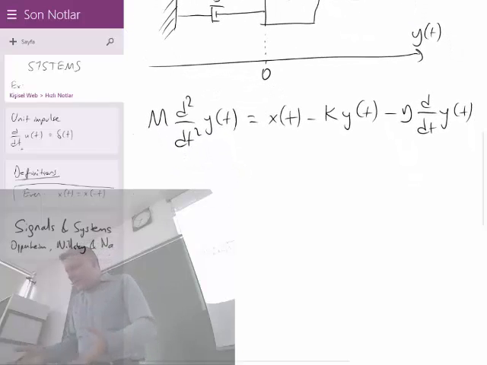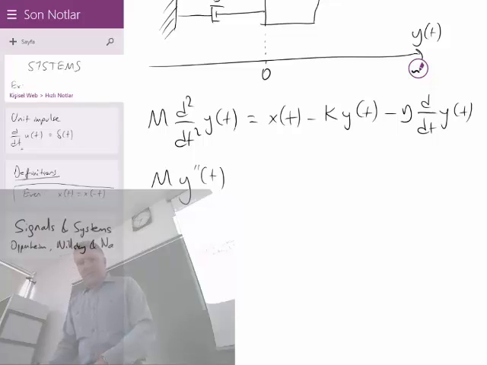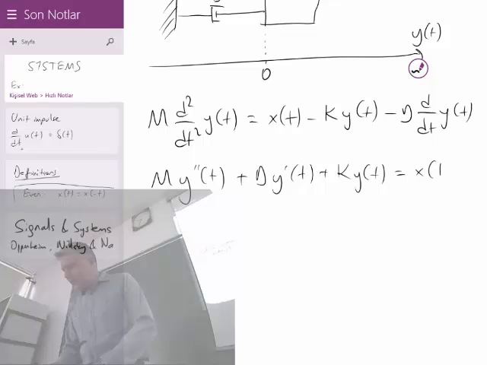And well, the differential equation is there already. Let's write it in a more compact way. M times second derivative of y plus d times first derivative of y plus k times y of t is equal to x of t.